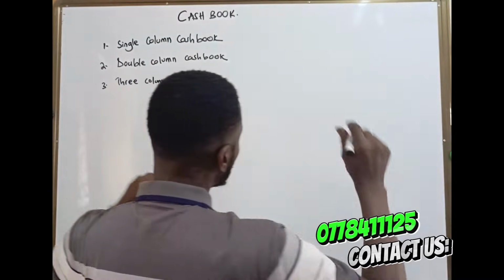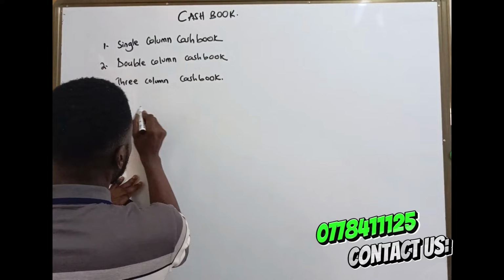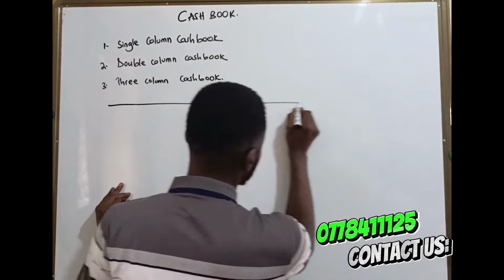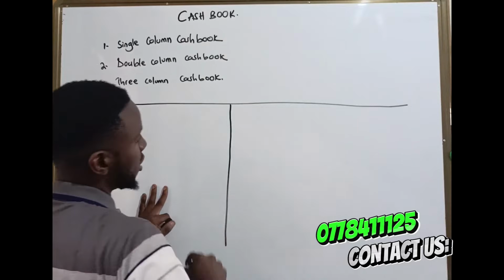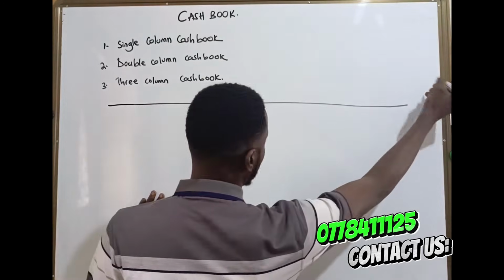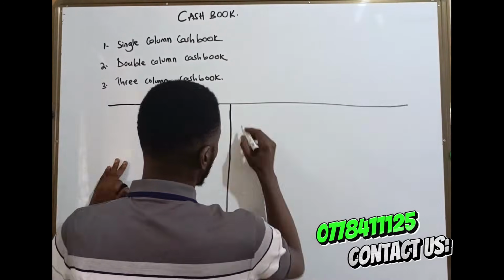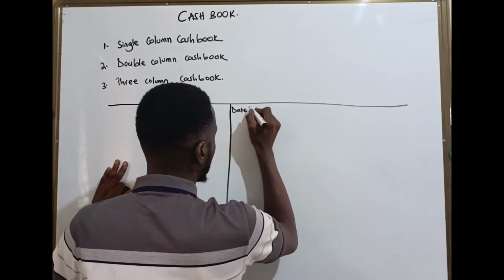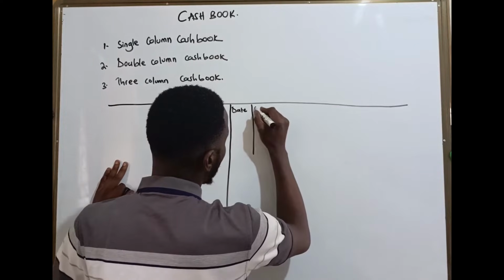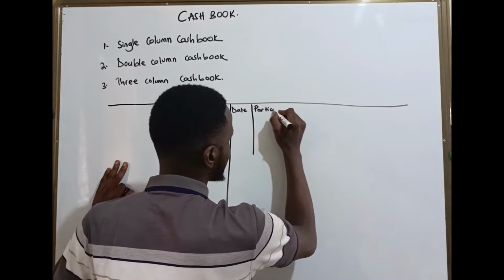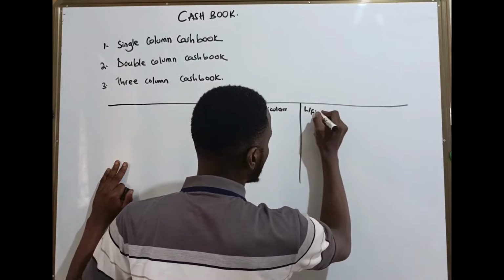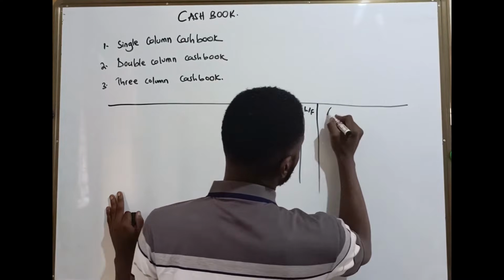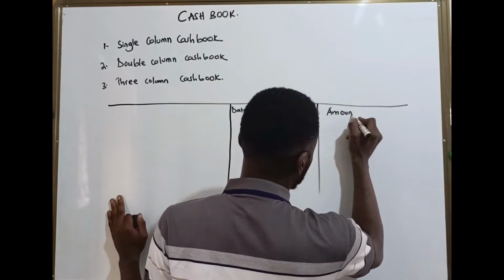So our cash book looks like this. For the single column cash book, we shall have our debit side and our credit side. We shall have the date, then our particulars, then our ledger folio, then our amount.